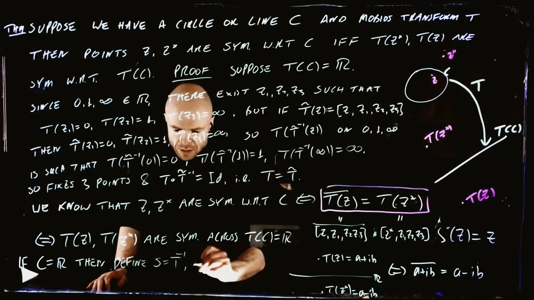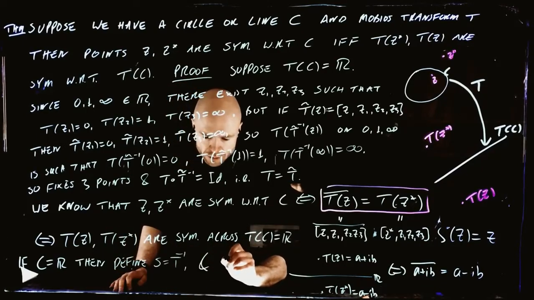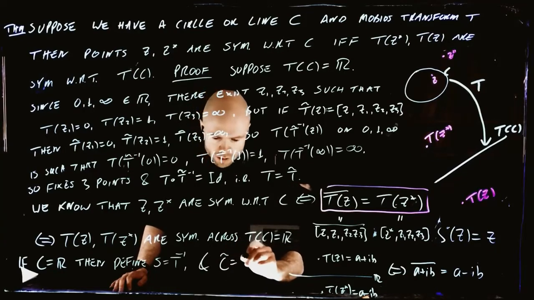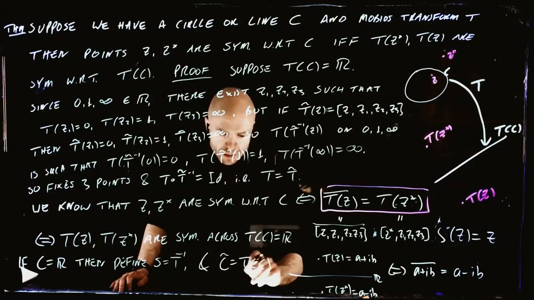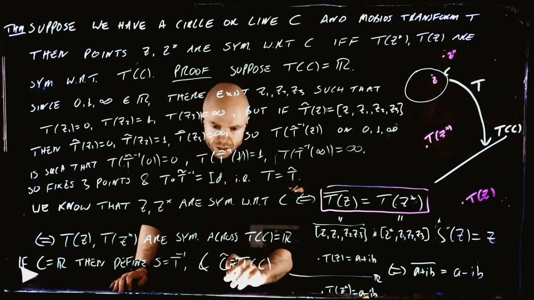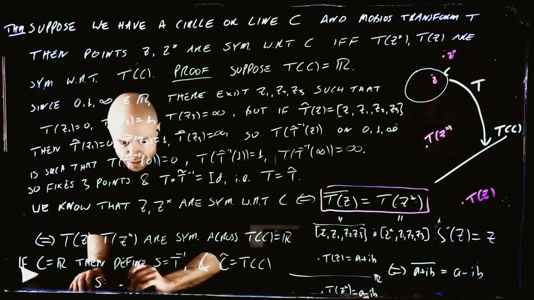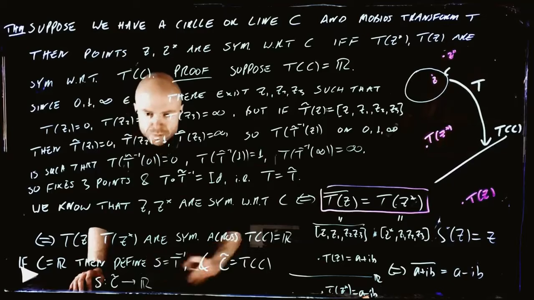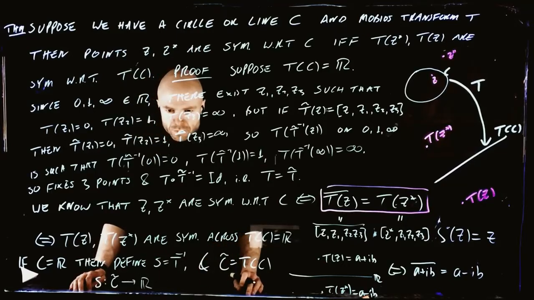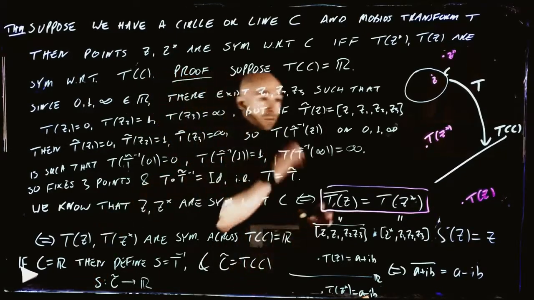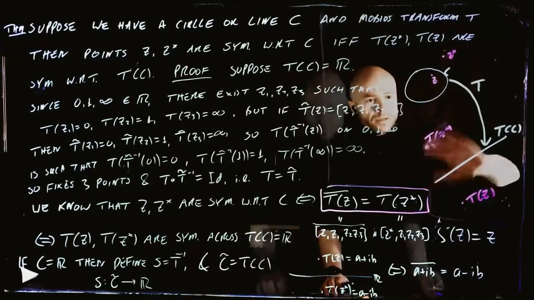And let's call this thing T of C. Now this thing doesn't have to be a real line anymore, but it is a line or a circle. And then S sends this guy onto the real line. So let me see if I can put everything on the same page.